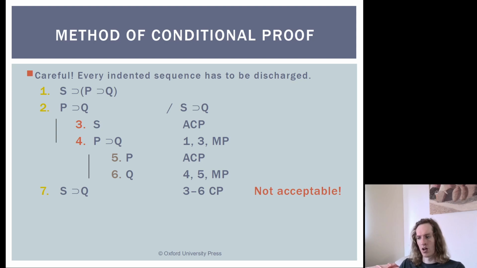Keep that in mind before you start working on the homework for this section. Take a look at the first one that I worked through in the homework solutions videos, and hopefully that should give you more of a handle on how to work through a conditional proof.